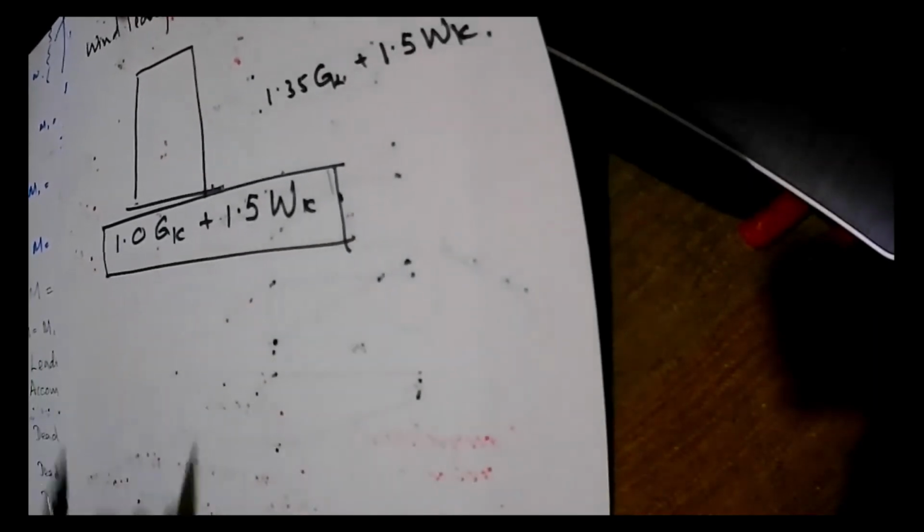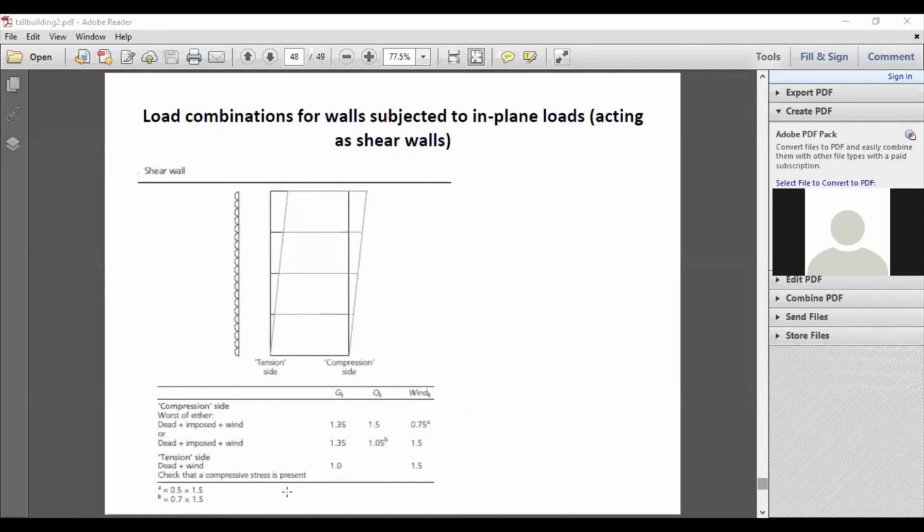but it's very useful to consider this particular load combination. So basically, when you are dealing with a tall building, you have to consider all these different possibilities. And in Eurocode, all these different combinations are given. So you can see on the compression side, the worst case can be due to one of these two.